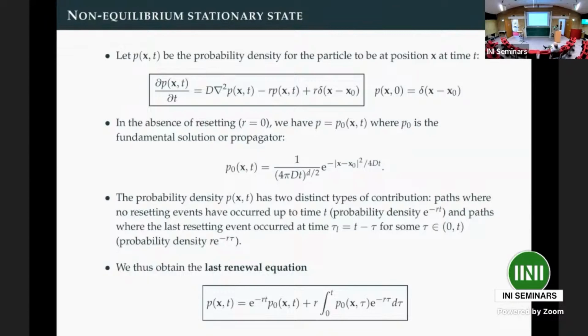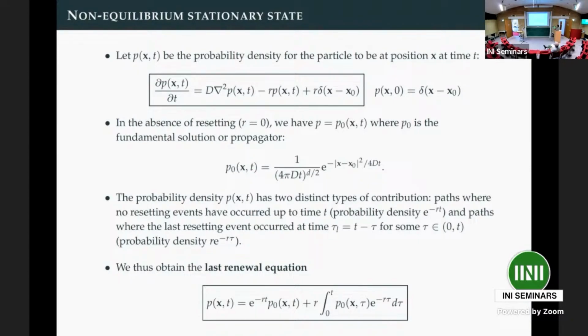The important point, and what makes this a simple but powerful protocol, is that if you know the solution of your problem without resetting, it's then very easy to incorporate resetting, using a renewal process. Because once you reset, you've forgotten where you were before, so you can restart the process.